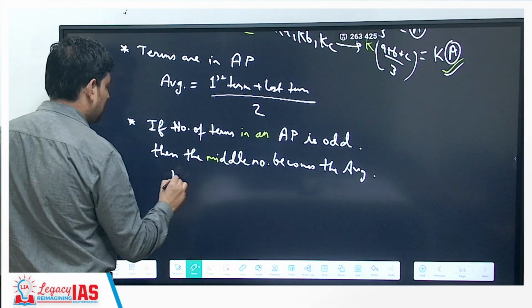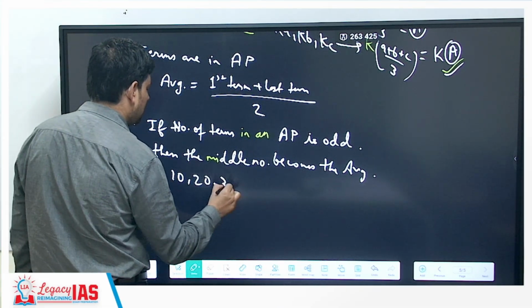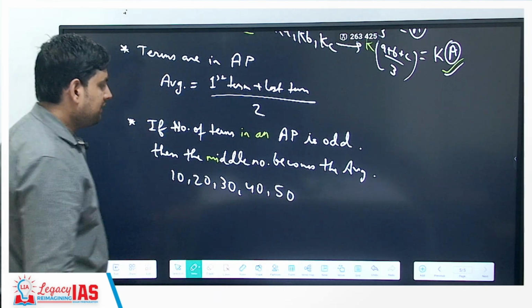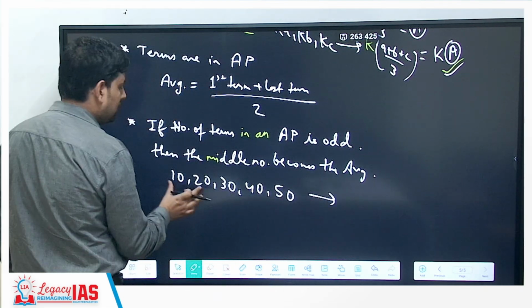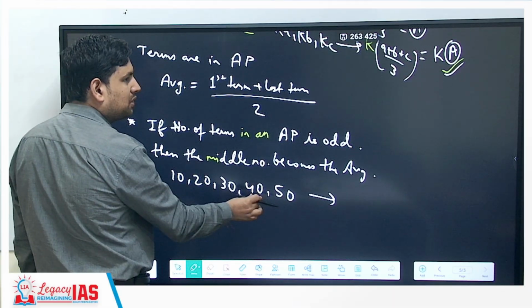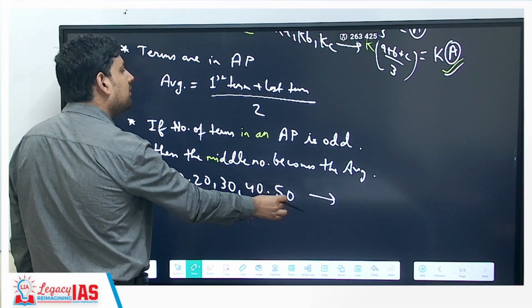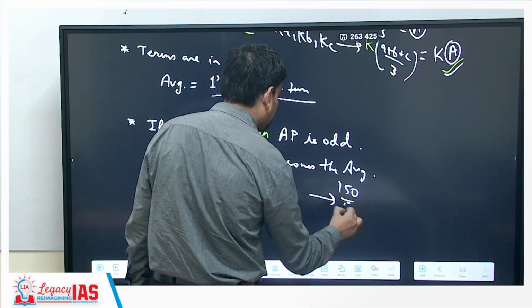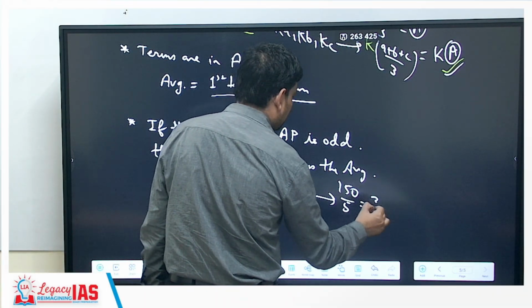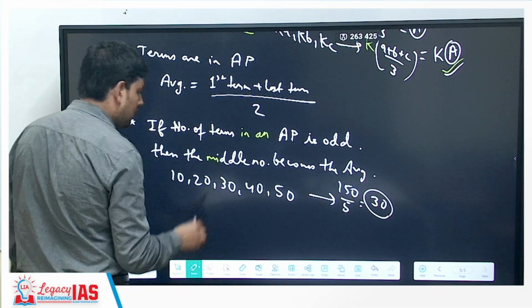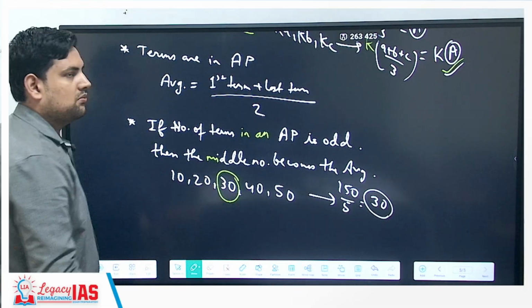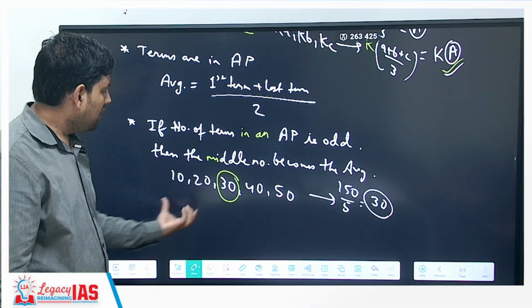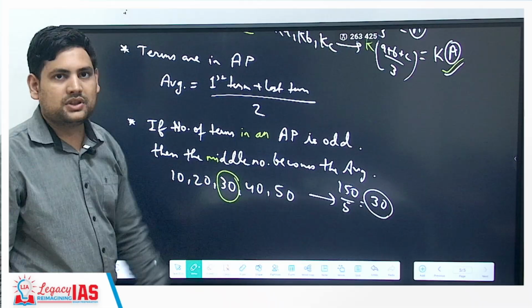Simple. For example, 10, 20, 30, 40 and one more, 50. Now let's find the average of them. 10 plus 20 is 30, 30 plus 30 is 60, 60 plus 40 is 100, 100 plus 50 is 150, 150 divided by 5 comes out to be 30. Now 30 is also the middle term. Understood? So when the number of terms in an AP is odd, the middle term itself becomes the average.